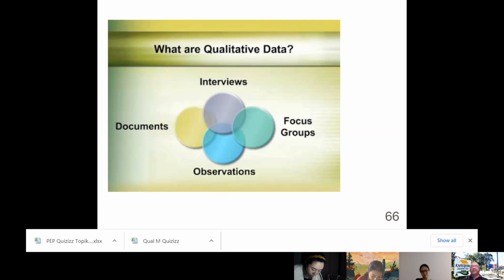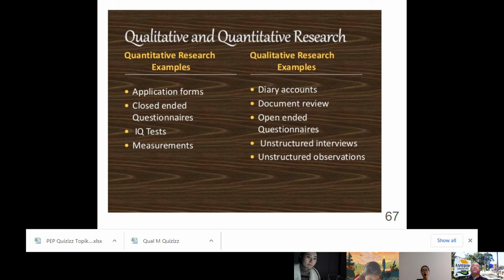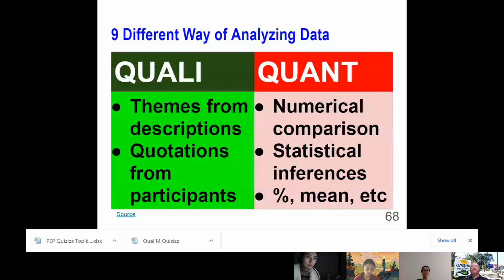You collect the data and observe their everyday life, their rituals, and so on. For your observation, you tape, make videos, or write down what you have seen.